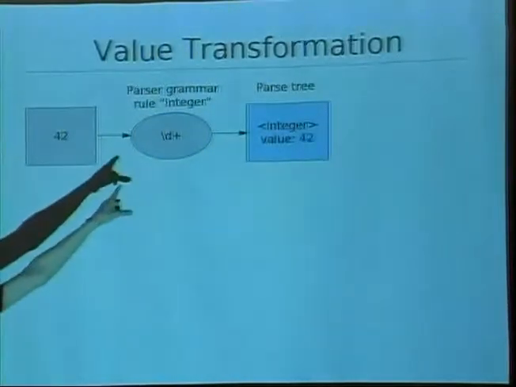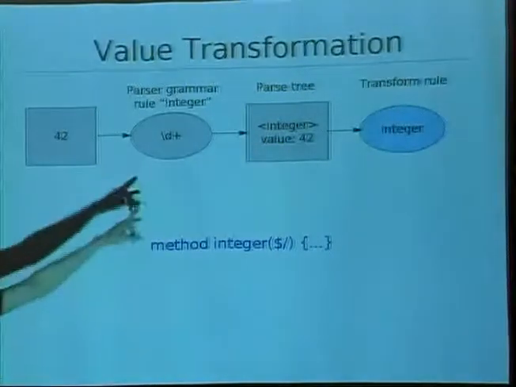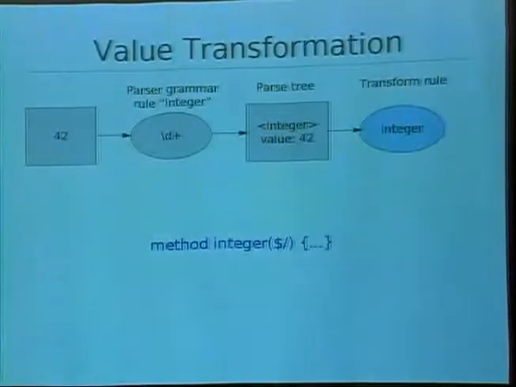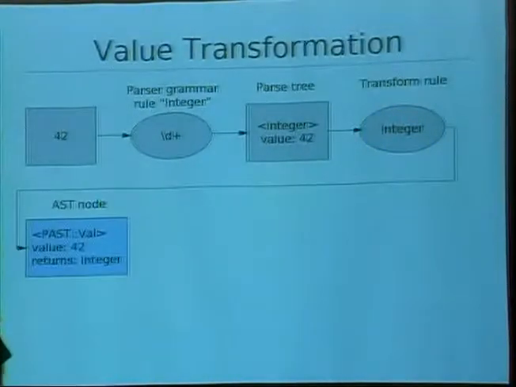That gives you back a very raw tree. Then you write your transform rule, which looks like this. And that gives you back a cleaner tree. And at that point, that's all you need to do to implement your language on top of Parrot. Parrot takes care of the rest of it.